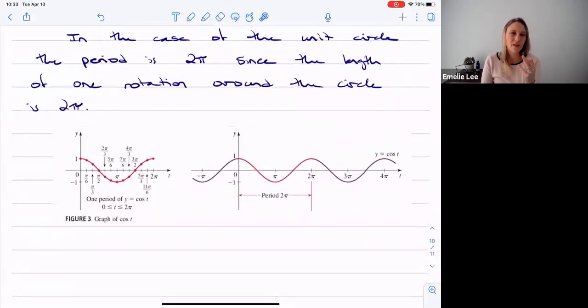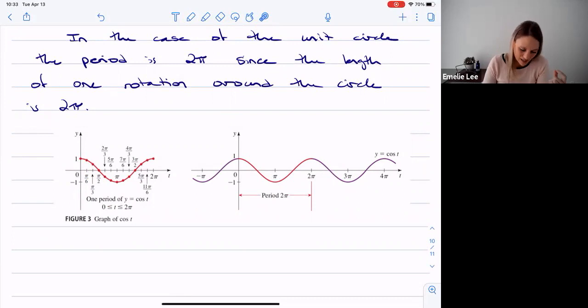What you can do is remember the cosine of theta is the x value. So we start at an x of 1. And then our next x value at pi over 6 is a little bit less than 1.